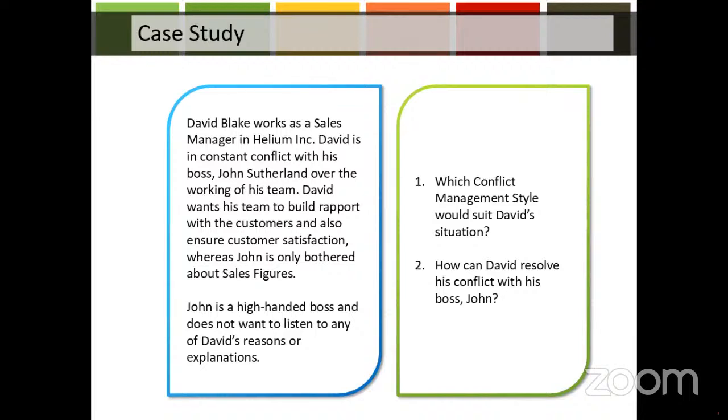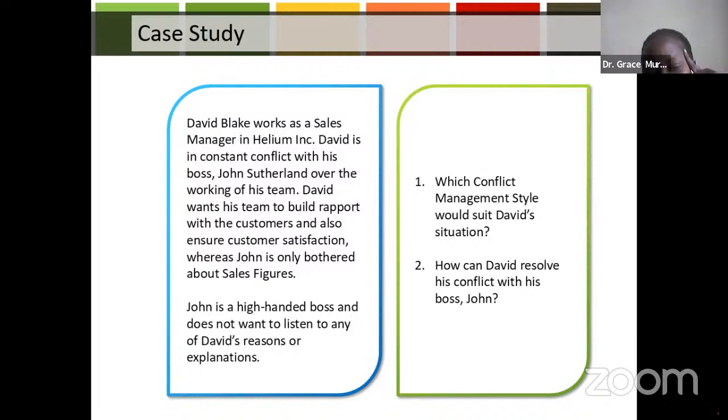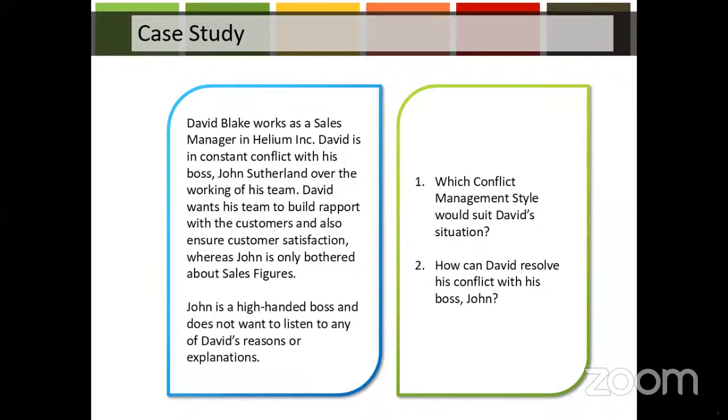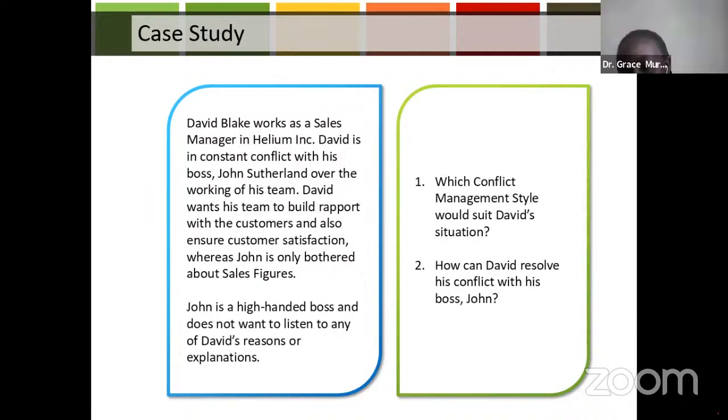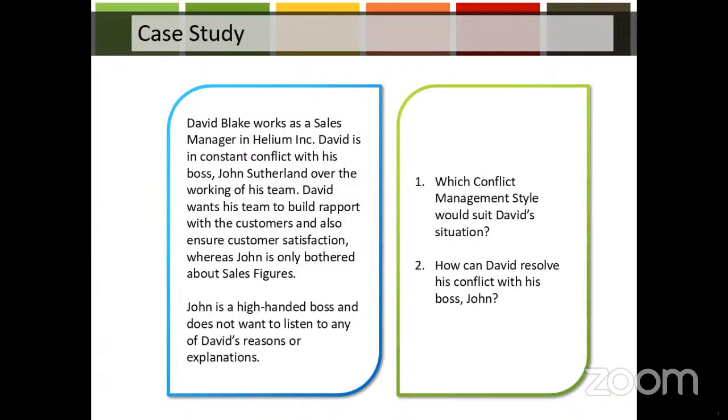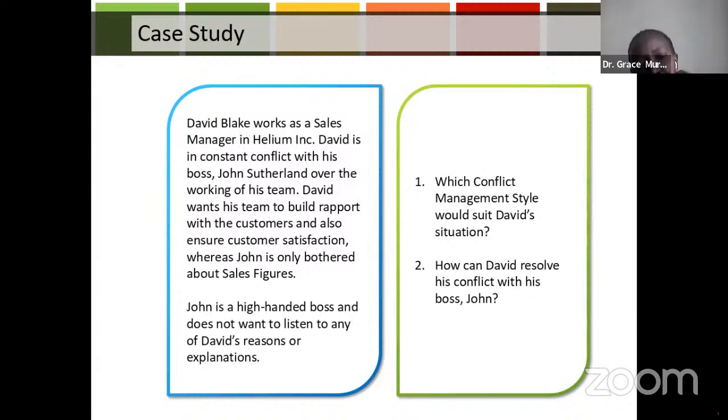It's compromise, so that they come in between. You will build relations as well as the sales figures will also improve. Will John be willing to, because compromise means John also has to give in to something.